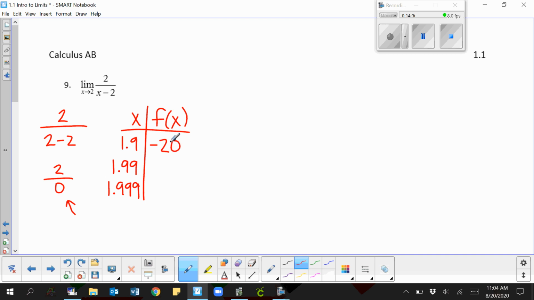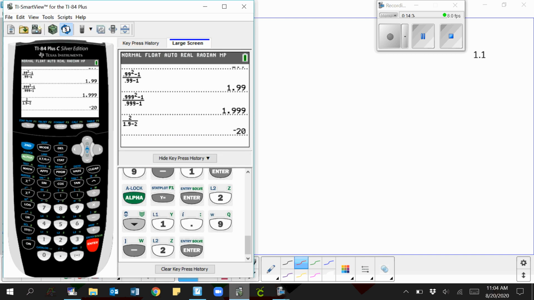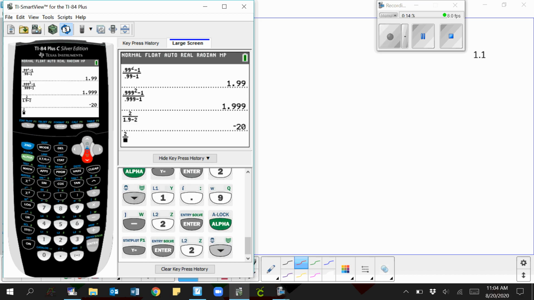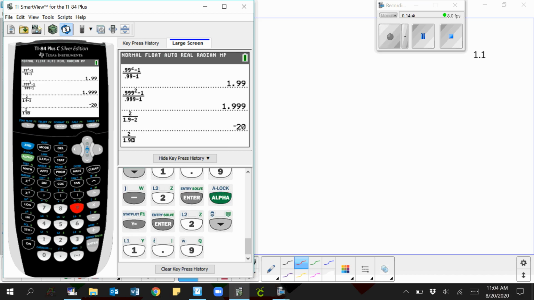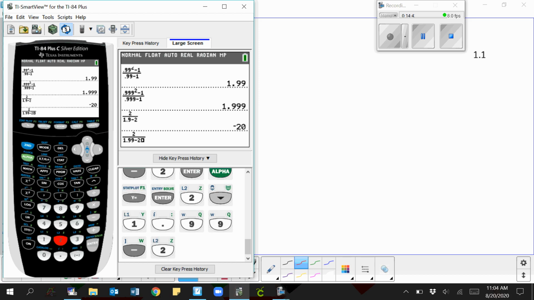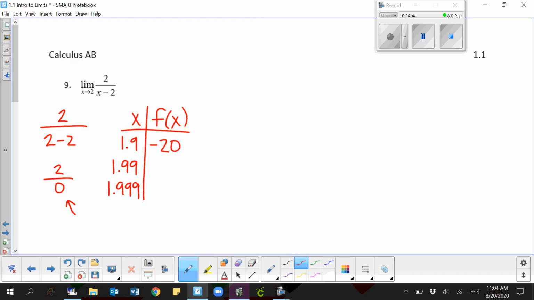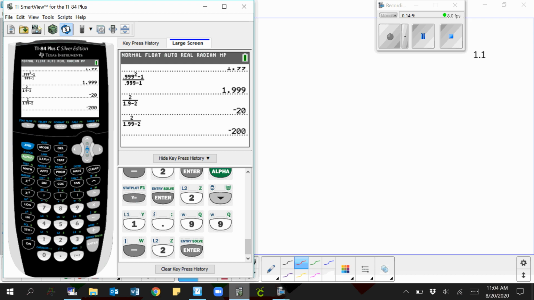And let's do the same thing with 1.99. This time we get -200. And let's do 1.999.